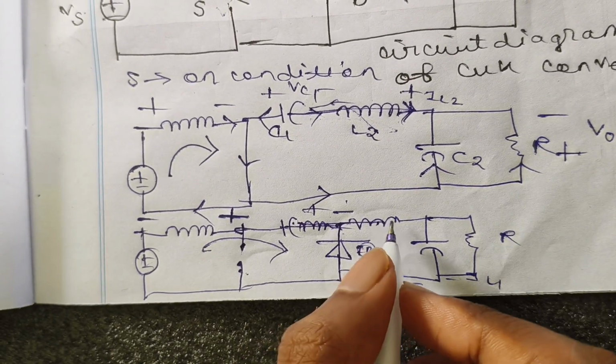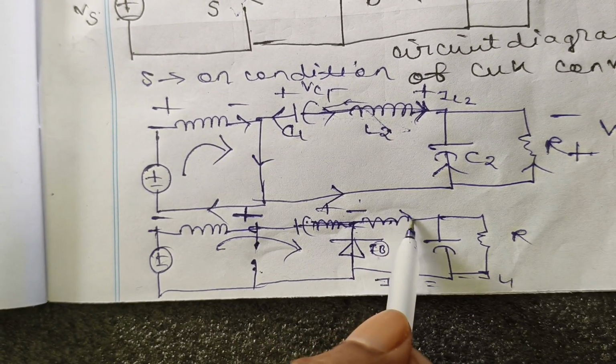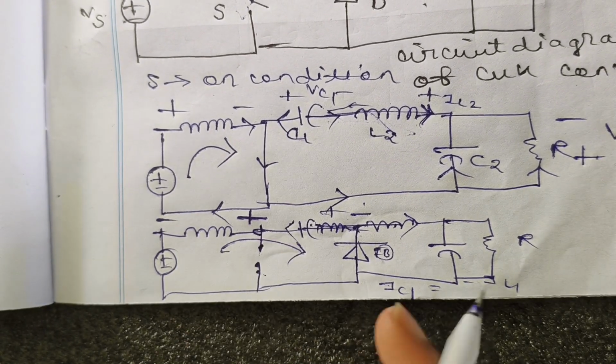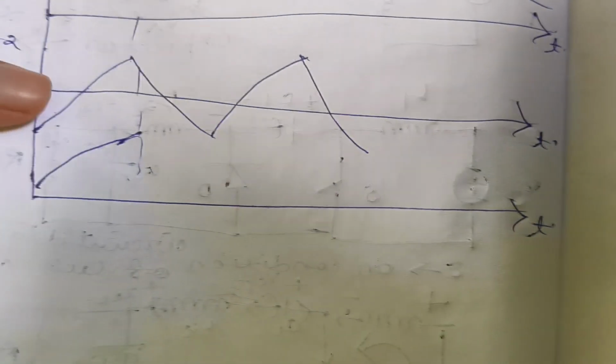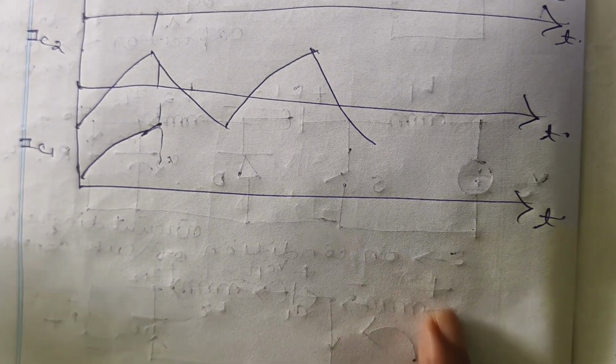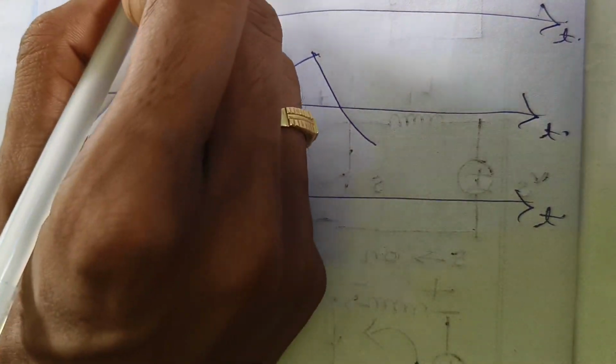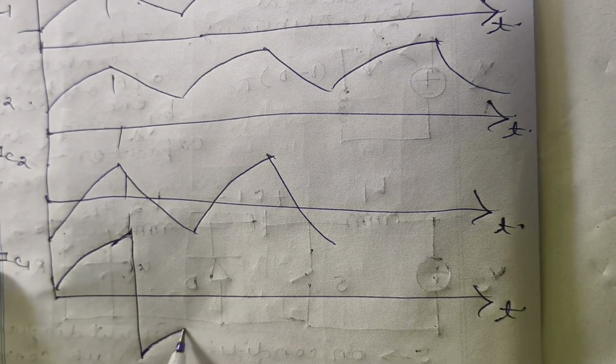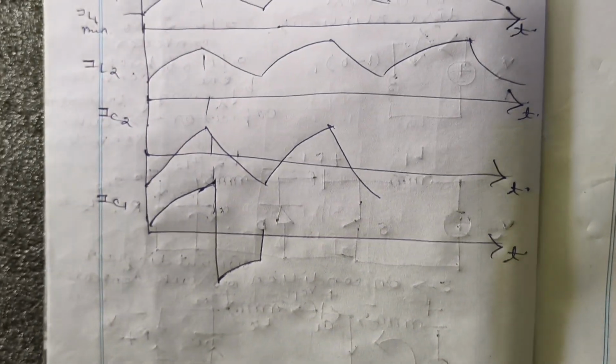Whatever current is flowing through the inductor becomes the negative of IL1, so we'll get the IL1 waveform but in the negative direction, like this.